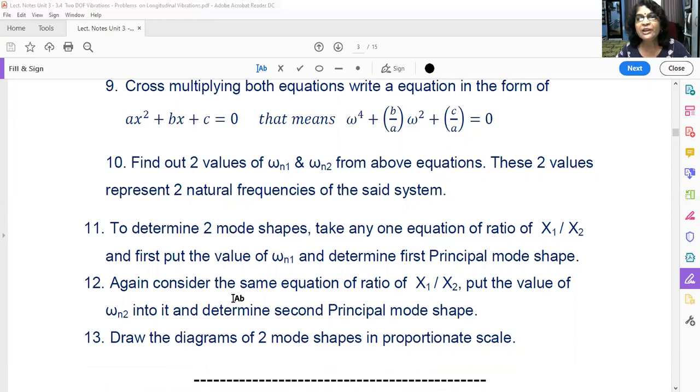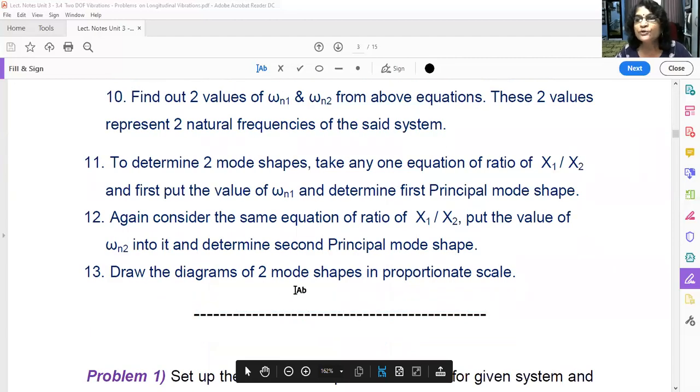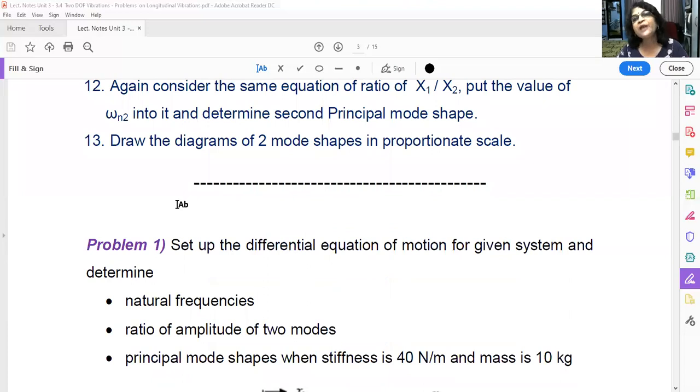Then put the value of the second natural frequency, omega n2, and you will get the second principal mode shape. And finally you have to draw the 2 mode shape diagrams in a proportionate scale. This is the same procedure we have to follow to solve all problems.